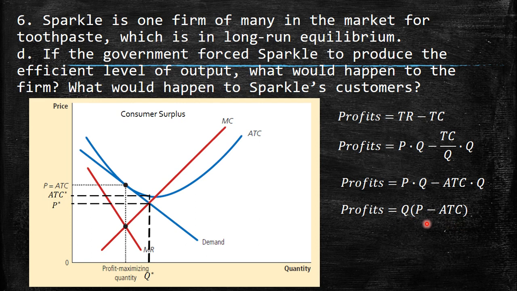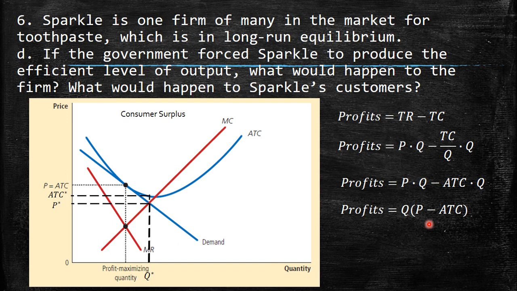So here we can conclude something really interesting. Anytime the price is higher than the average total cost, your profits should be positive. Anytime the price is equal to the average total cost, your profit should be zero. Remember the first slide I showed you, where the price equals average total cost, because we were talking about the long run where the profits are equal to zero.